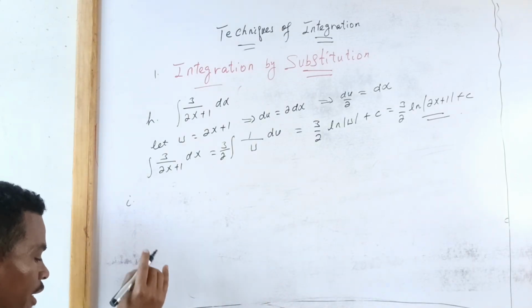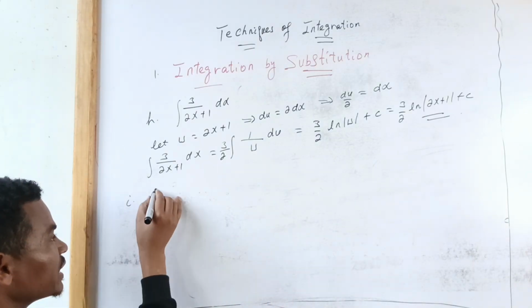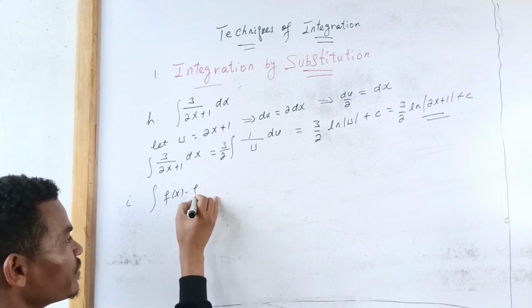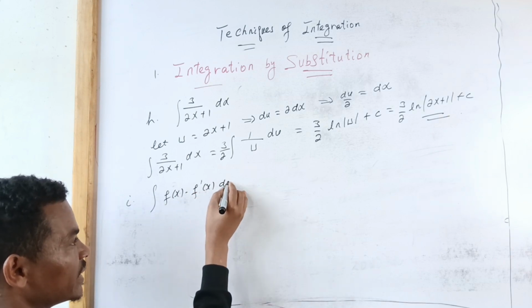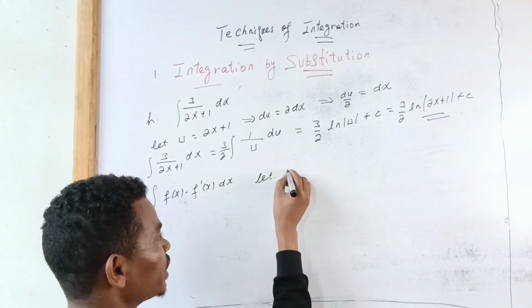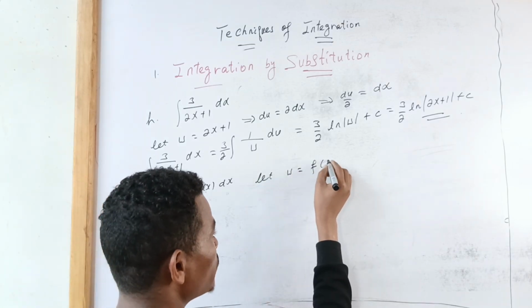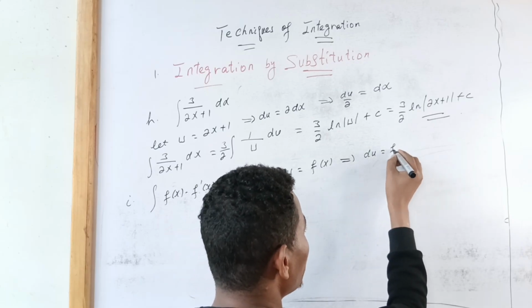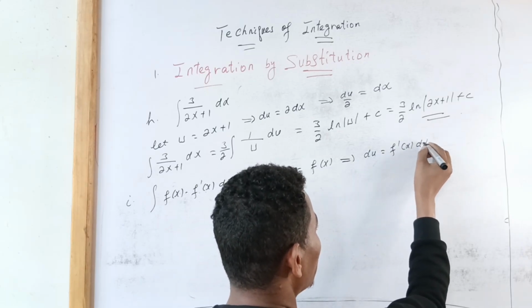Integration of f of x times f derivative at x dx. Again, in this case, let u is equal to f of x. This implies du is equal to f derivative at x dx.